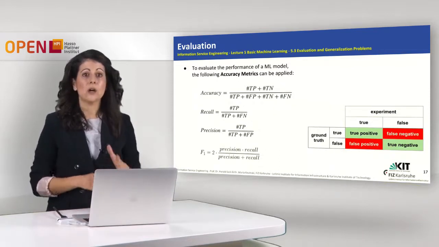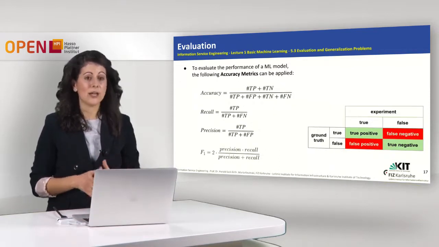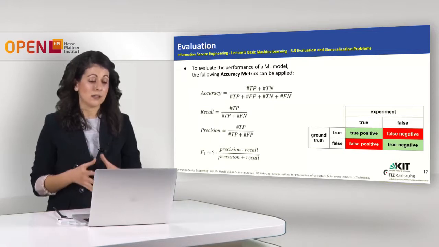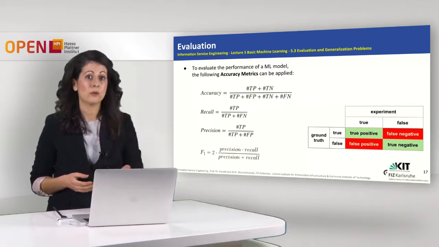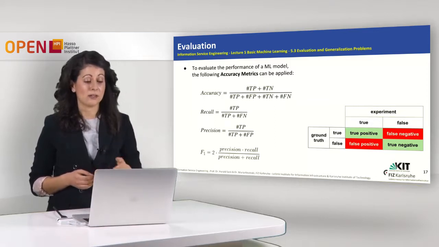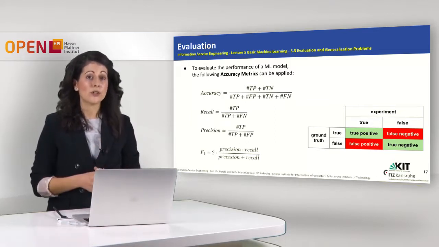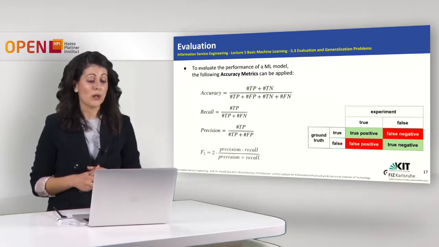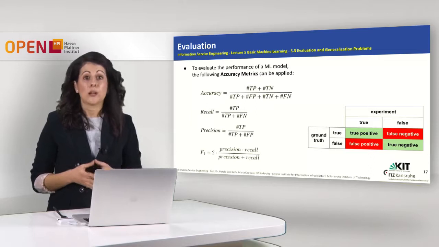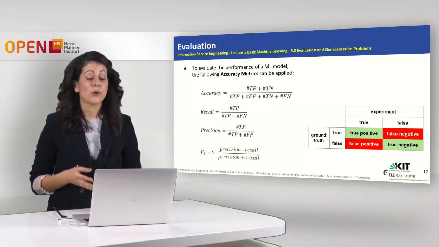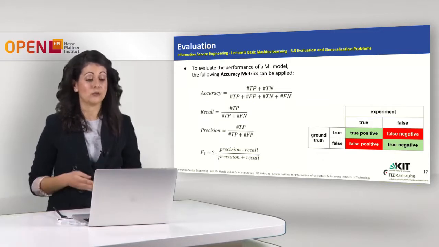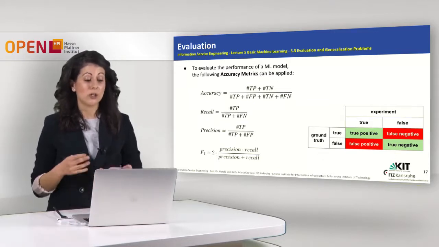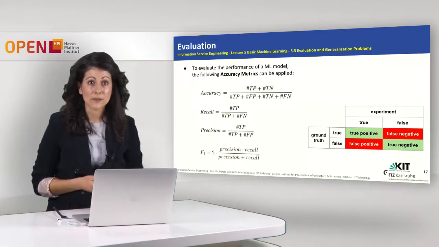So we've seen now how we treated the data and how the test phase works for an algorithm. But let's see now how we evaluate the performance of these machine learning algorithms. For the evaluation of the algorithms, we are going to use the following metrics. First, we account for accuracy, which is the ratio of true positives and true negatives to everything, meaning true positives, false positives, true negatives, and false negatives.